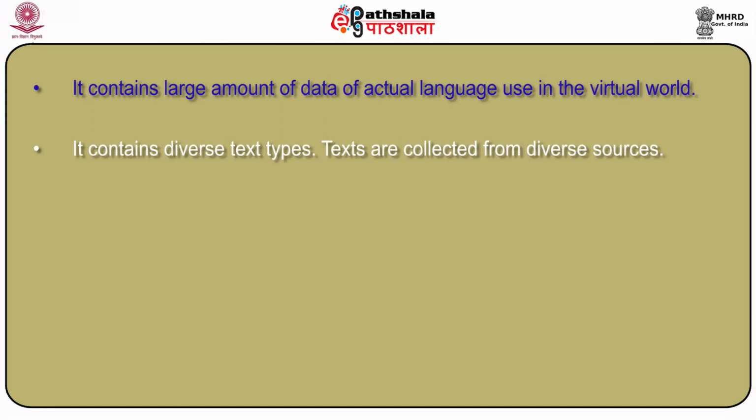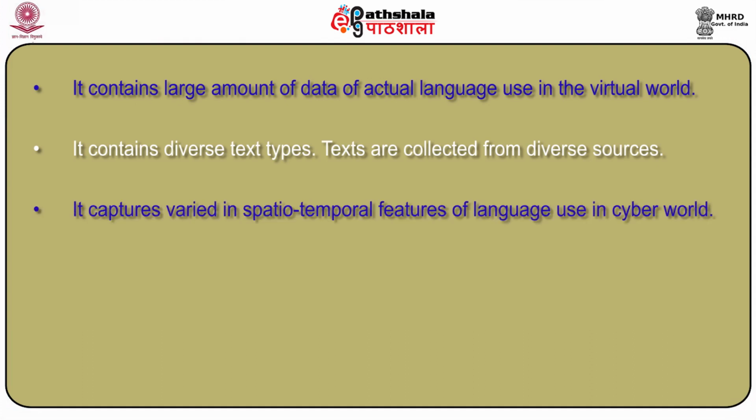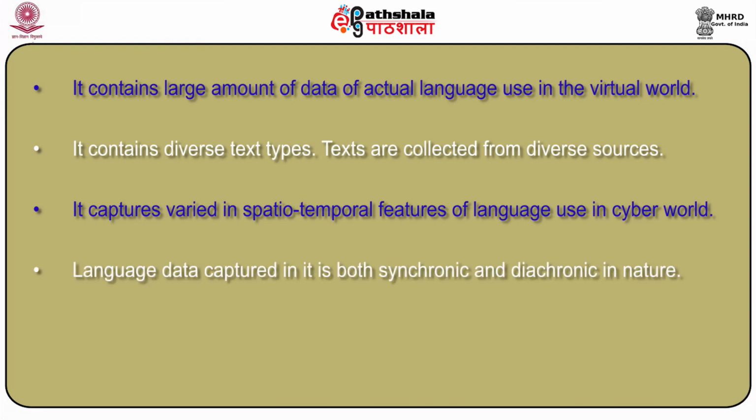It contains diverse text types. That means text can be collected from diverse sources available in the web. It also captures the varied spatiotemporal features of language use in the cyber world. Language data captured is both synchronic and diachronic in nature.